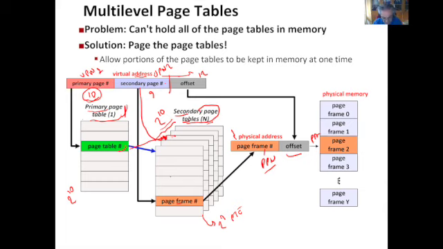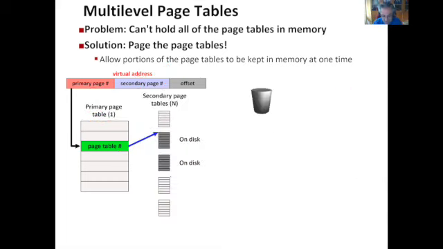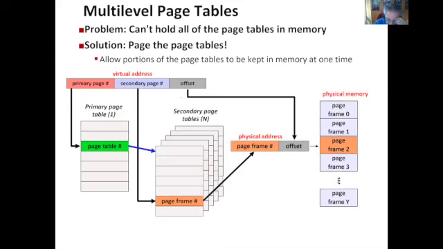And what's the downside in all this? The nice thing is with the primary page table and the secondary page table, in total, if you compute the amount of space, you're not reducing it. Let me go back to here.